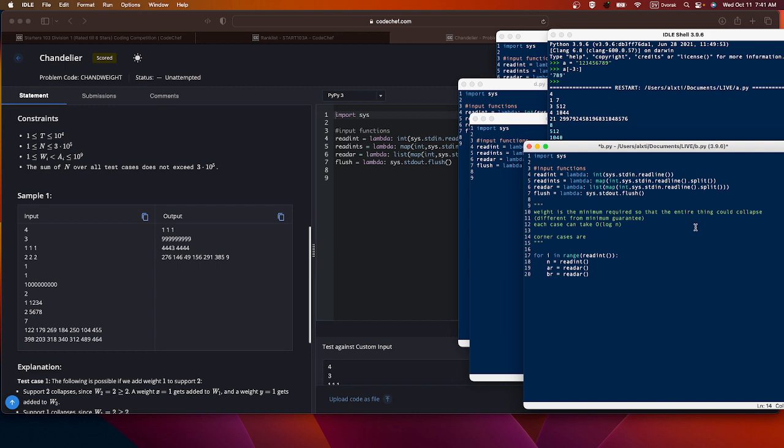For those ones, you just bring it up to the minimum weight, and then you just transfer everything to the right.